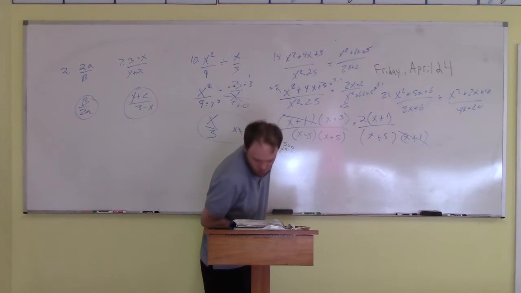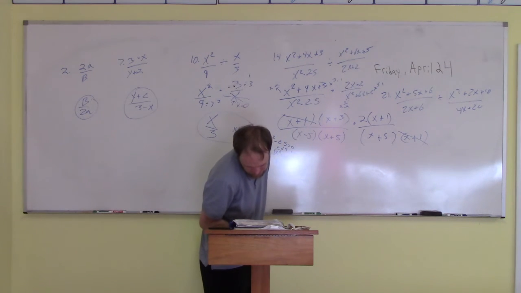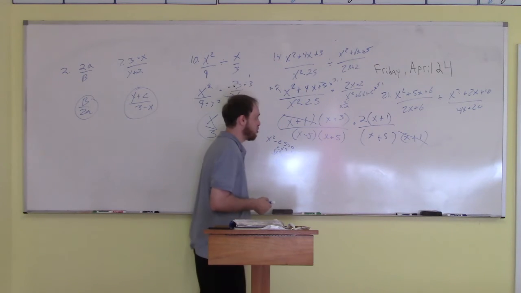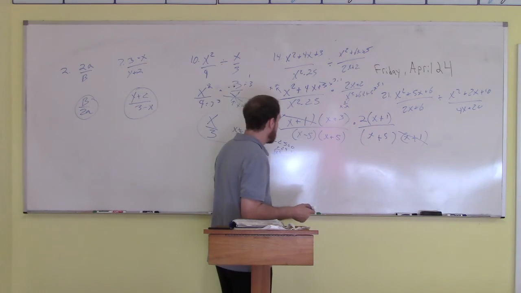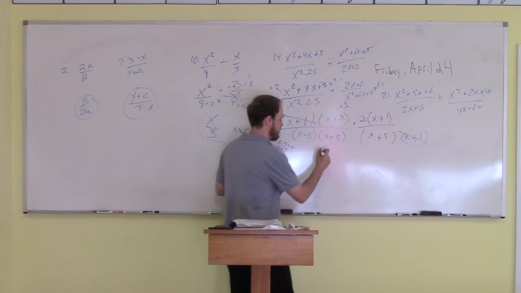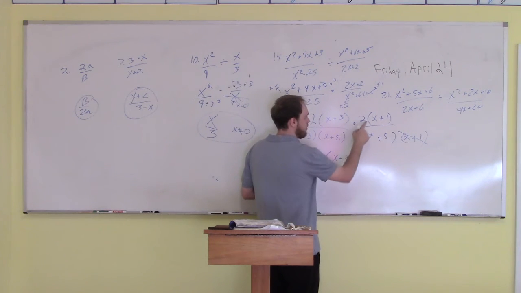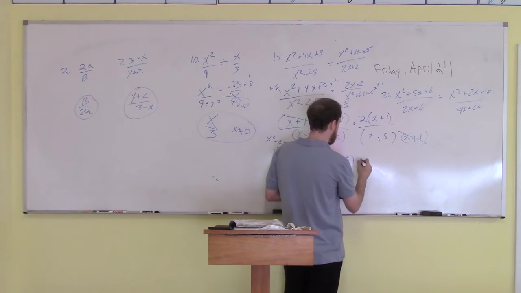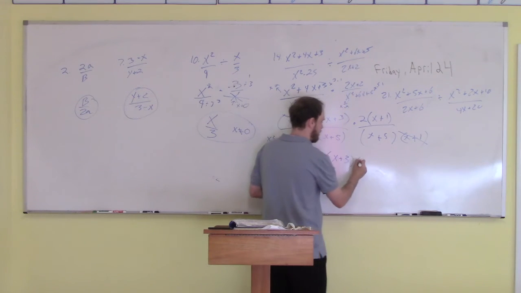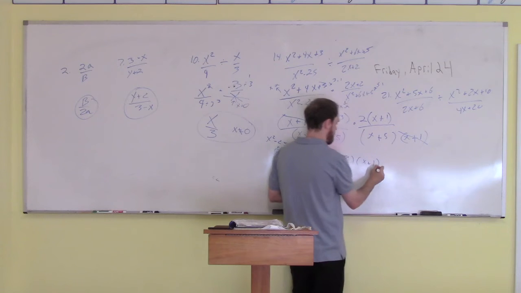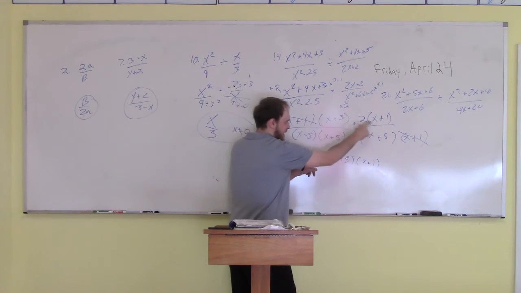Basically you just have to throw it together at that point. So I have x plus 3 times 2x plus 1. So the 2 can come here. So that's just writing down what was left.